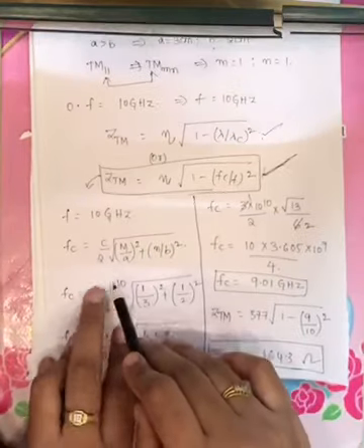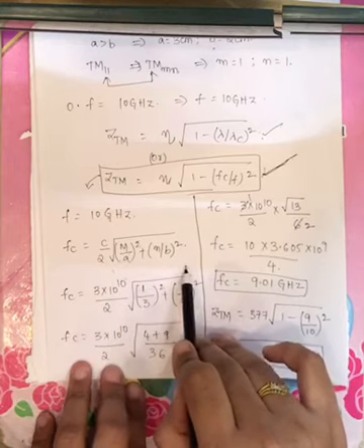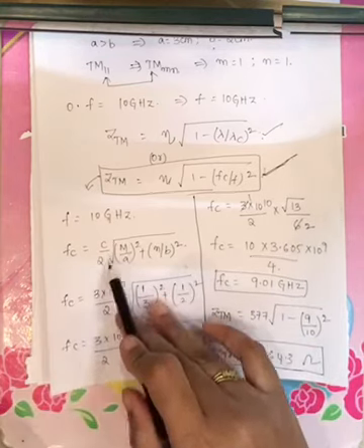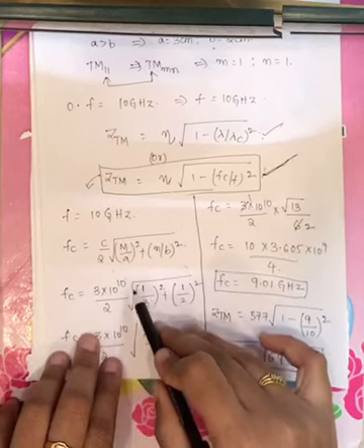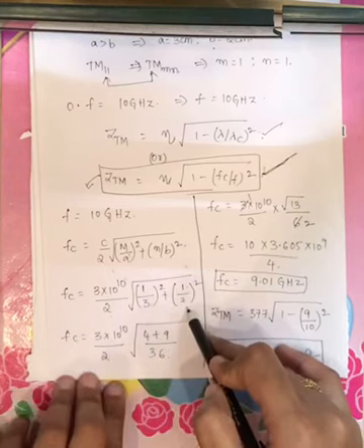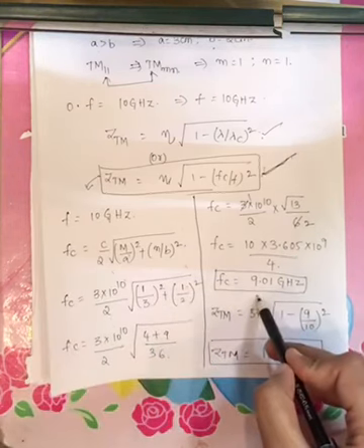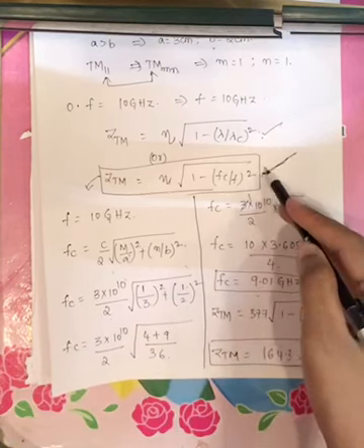Now what is the expression for fc? c by 2 under root of m by a whole square plus n by b whole square. Now c, the velocity of light, 3 into 10 power 10 centimeter per second divided by 2. Now the m value is 1, a value is 3, n value is 1, b value is 2. If you solve this totally, fc you are getting as 9 gigahertz. Now substitute directly in this formula.